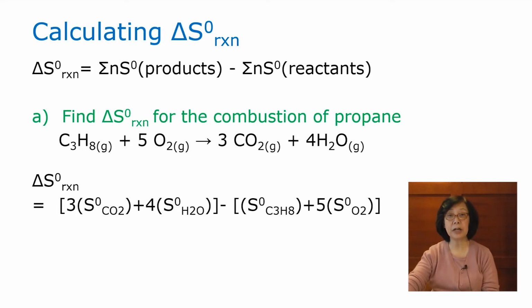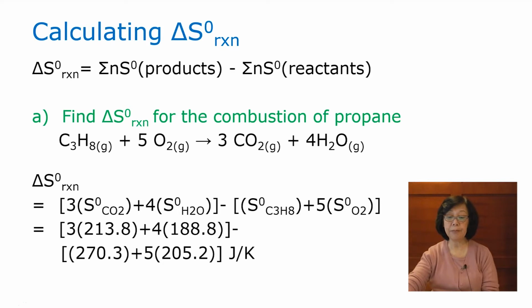Looking up in your textbook table, you can find the standard entropy values: 3 moles times that of carbon dioxide and 4 moles times that of water gas, minus 1 mole times propane and 5 moles times the oxygen gas entropy. And this is calculated as 100.3 joules per Kelvin. Remember, entropy change is always recorded as joules per Kelvin per mole.